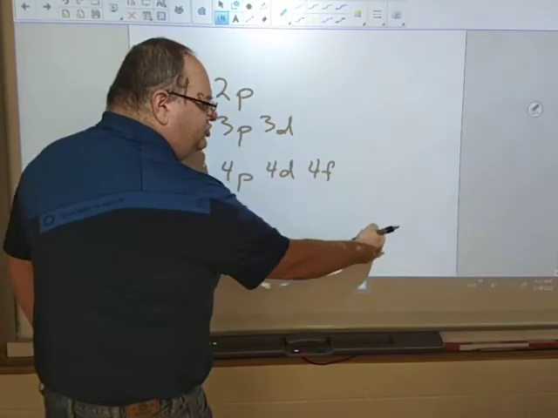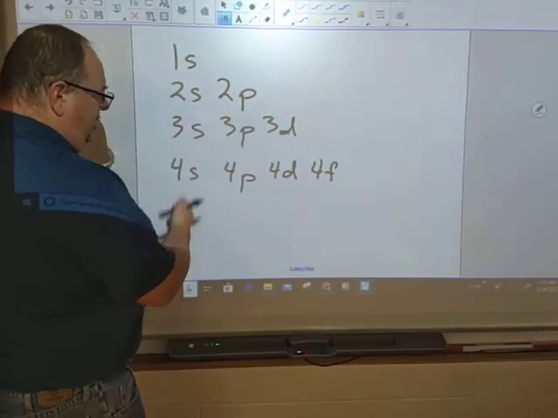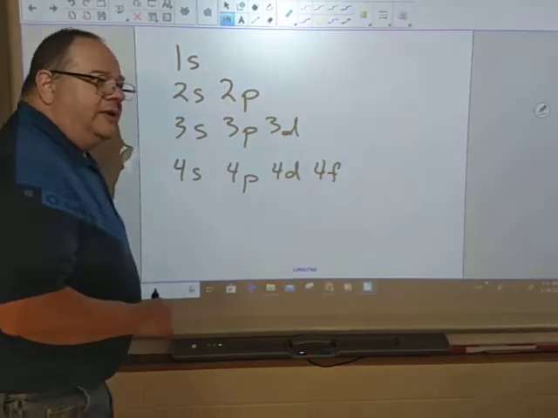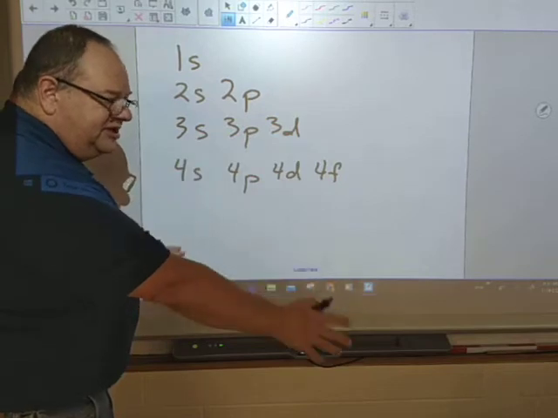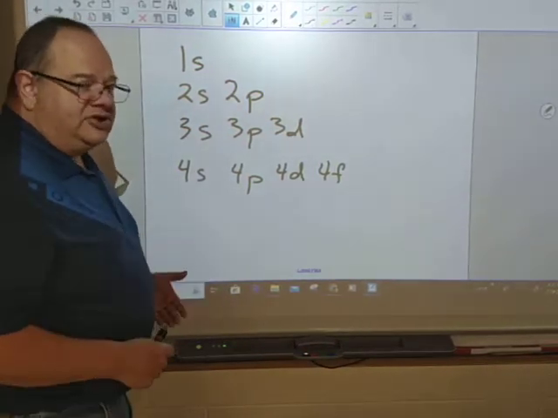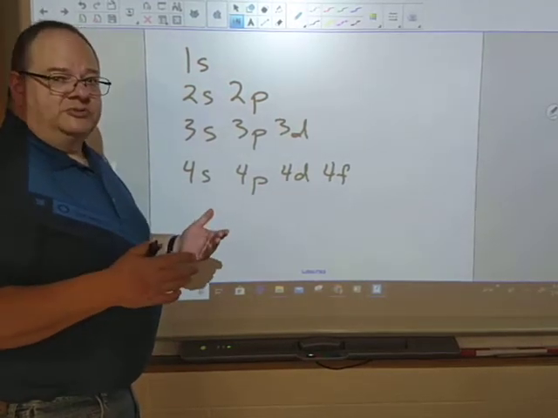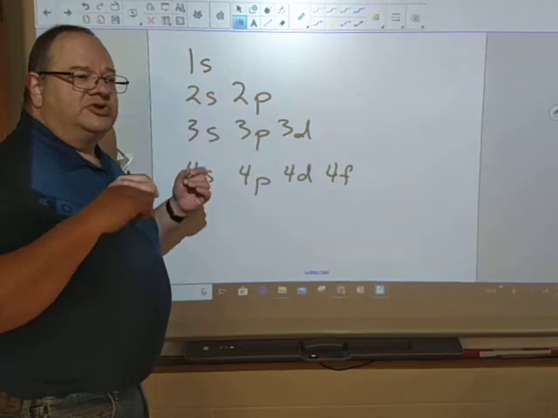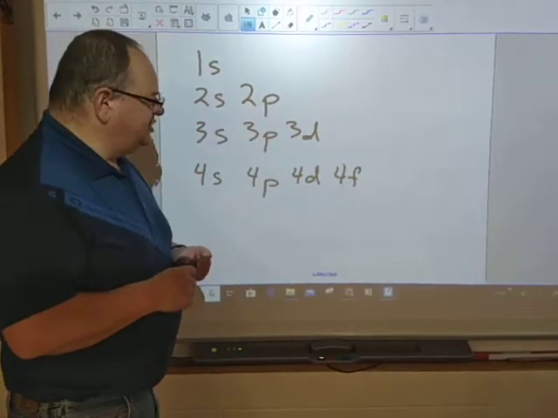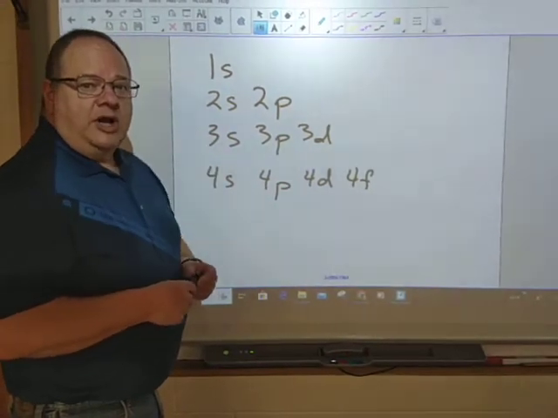After f, we would go g, h, i, alphabetical order. After the 4th energy level, we go to 5th, 6th, 7th, 8th. In theory, this gets infinitely big. In actual practice, the largest atom that we've ever had evidence for, through use of particle accelerators or atom smashers, artificially produced on Earth, is element number 118.